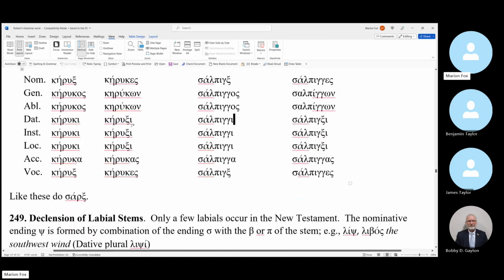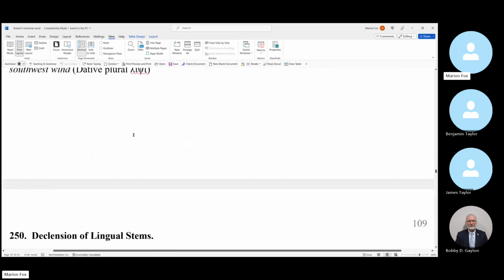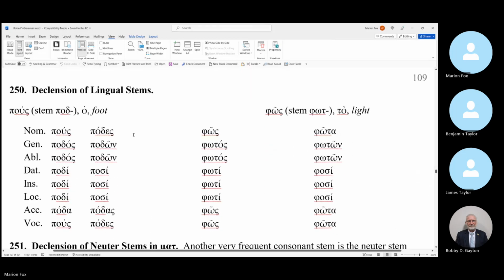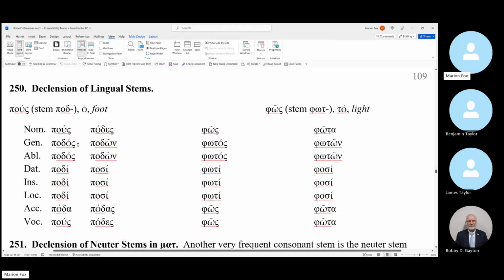We have some other rules that we haven't covered. It's podos, and so it becomes pus. The stem is pod. And so we have podos, podi, and poda, and pus.